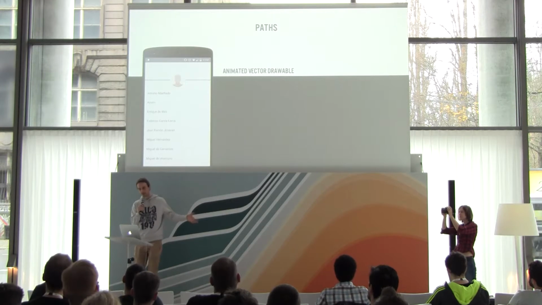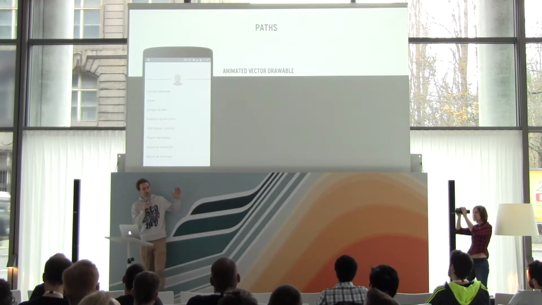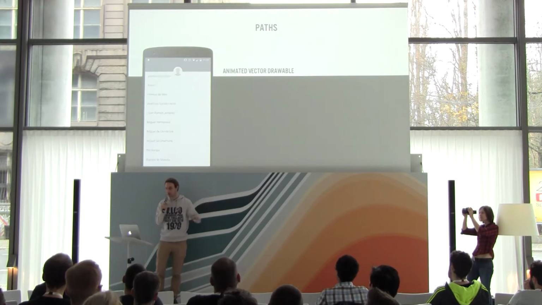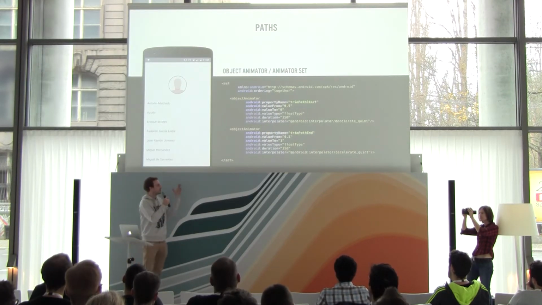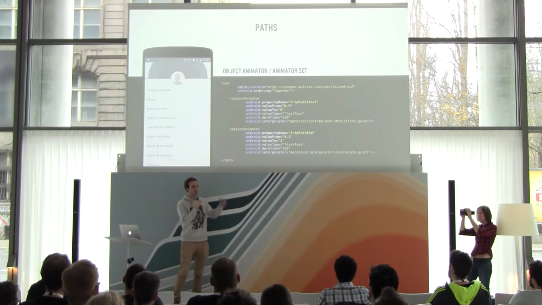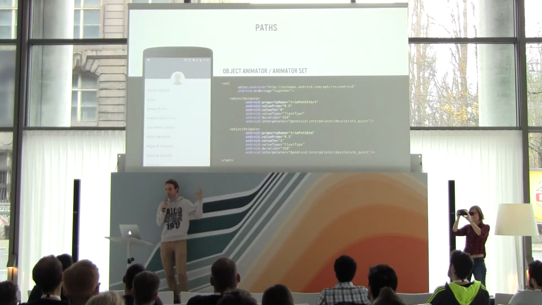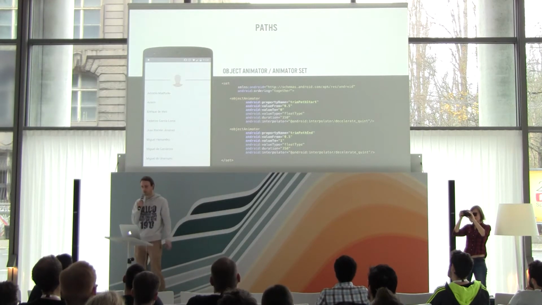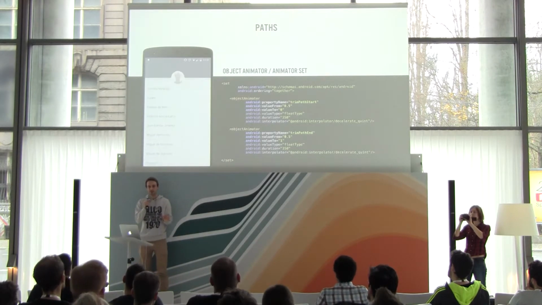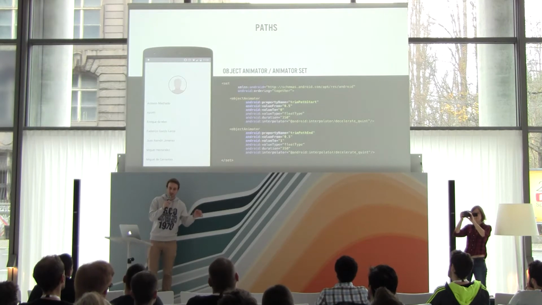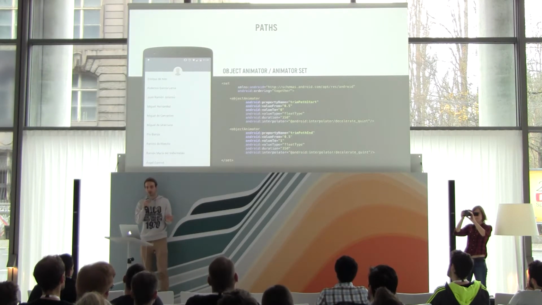So as soon as we have the animated vector drawable, which, let's remember, is the path with the animations, the only thing we have to define is the animation that we want to do, and that's, again, pretty simple. This one, possibly one of them, it's 2 items: trim path start, trim path end. What they do is they cut the path itself, which is amazing because it follows the direction of the path.